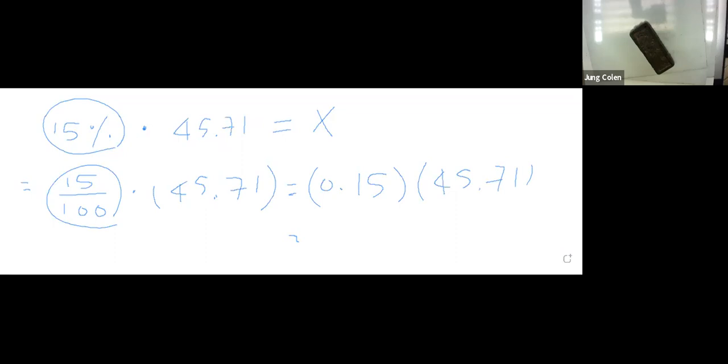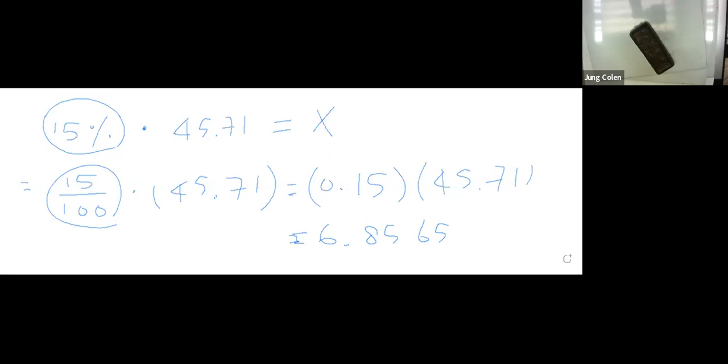Let me see. 0.15 times 45.71. 6.8565. This is what I got.